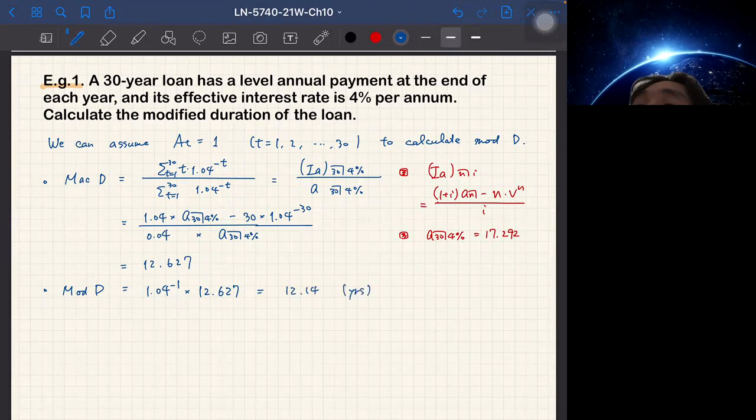So 12.14 years is the modified duration. So again, for the MacD, usually we have the increasing annuity formula over the usual annuity formula, and the modified D is v times MacD.